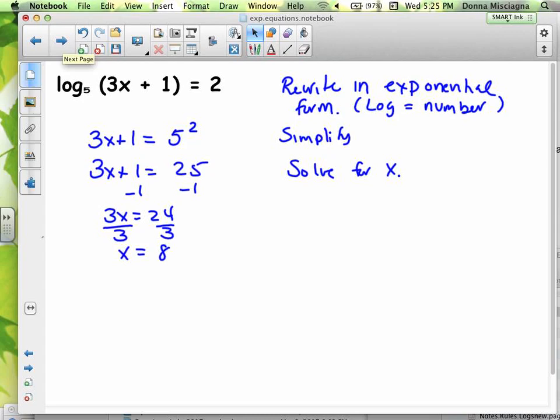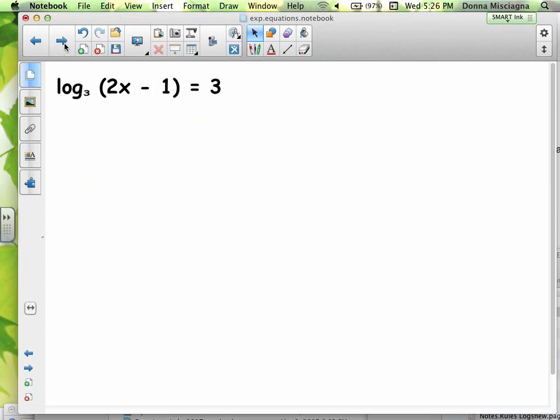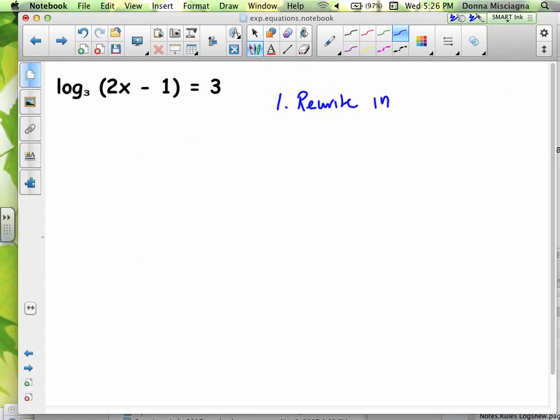Let's do one more. We have log base 3 of 2x minus 1 equals 3. Our first step is, since it's all isolated, rewrite in exponential form. So we have 2x minus 1 equals 3 cubed.